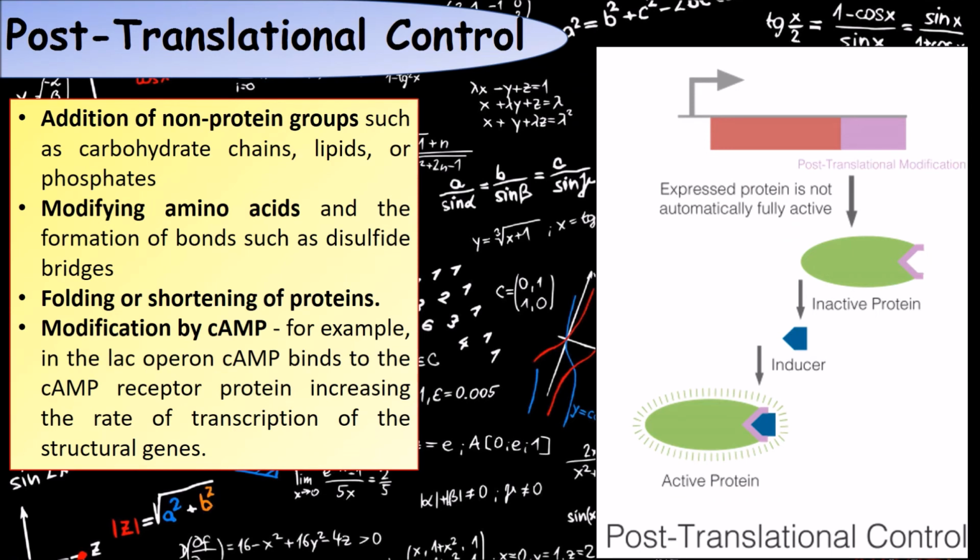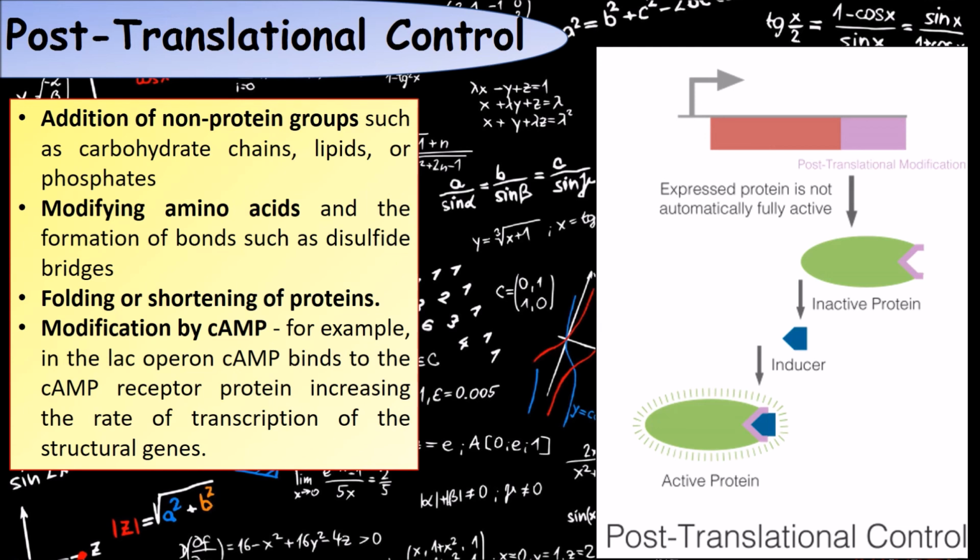In post-transcriptional control, it's all about how the physical proteins are changed. This can be done in 4 main ways. The addition of non-protein groups such as carboxyl chains or carbohydrate chains, lipids or phosphates, modifying amino acids and the formation of bonds such as disulfide bridges; folding or shortening proteins; and finally modification by cyclic AMP.